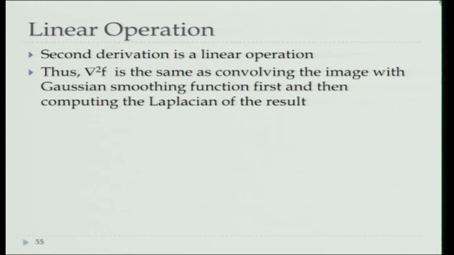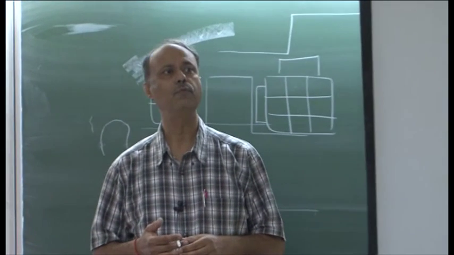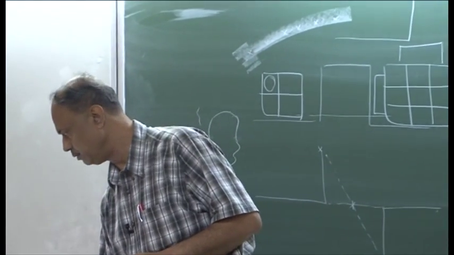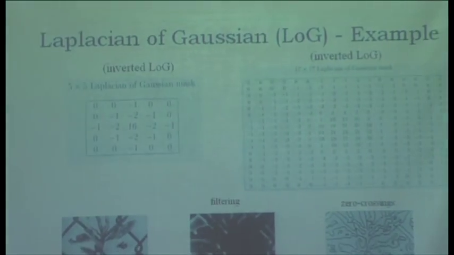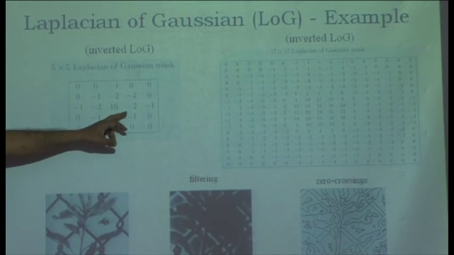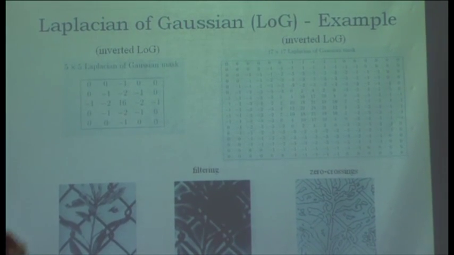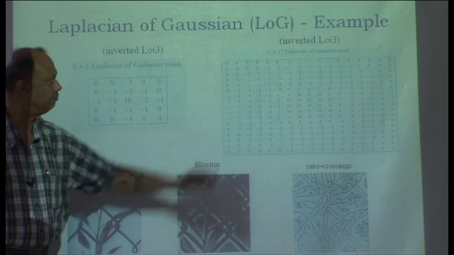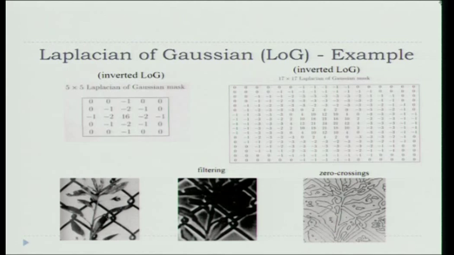Here, instead, I obtain the combined one, and that combined one I use to convolve the whole image. The 5 cross 5 Laplacian of Gaussian mask is given by this, whereas 17 cross 17 is a big one. If you perform this filtering and then zero crossing, how to obtain the zero crossing we will discuss later on.